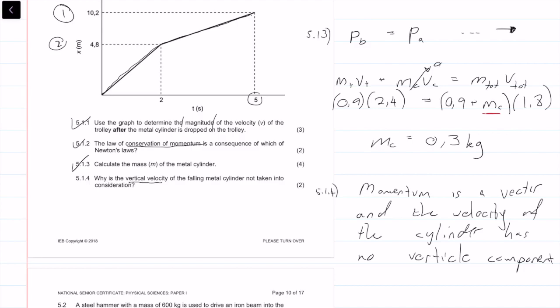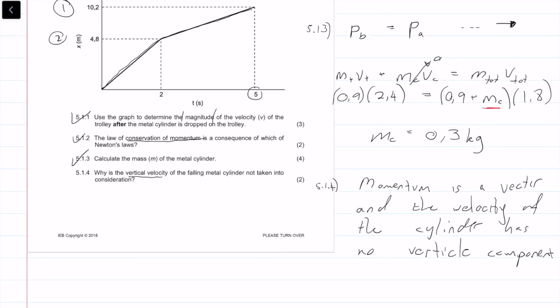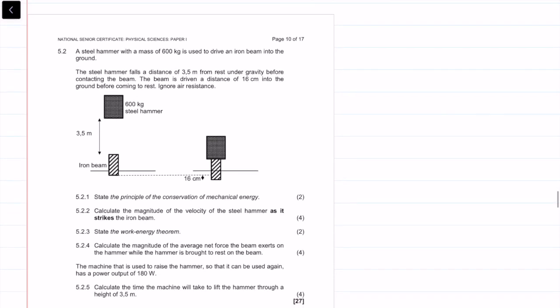But like I said, we pretty much answered that in the previous question. Okay, cool stuff. And that question is done as well. We'll get ourselves 2 marks.